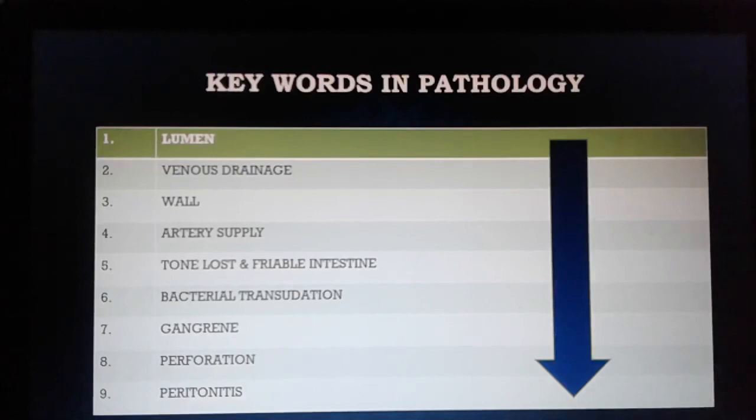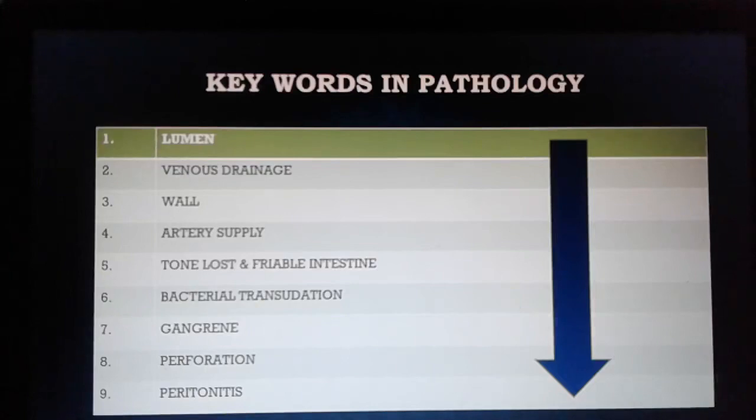Gangrene, you have already gone through the discussion. We have discussed in the previous video that gangrene first starts at the constriction site and then the antemesenteric border will get involved, right? After perforation, there will be commencement of peritonitis. Peritonitis means inflammation of the peritoneum, the peritoneal folds.